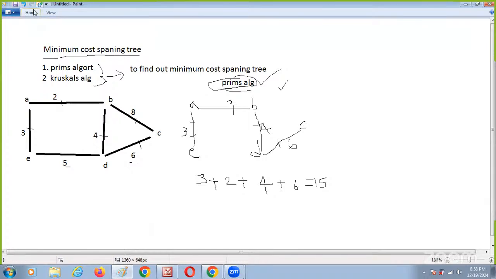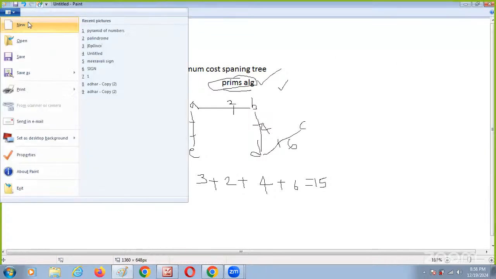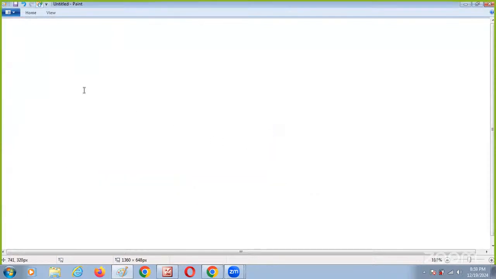And let me explain Kruskal's algorithm. Next one is Kruskal's algorithm. Let me take one more graph.